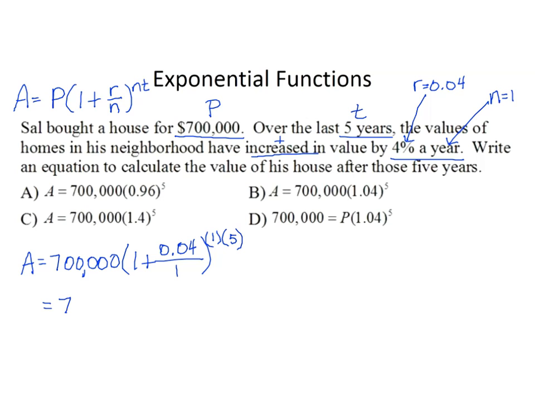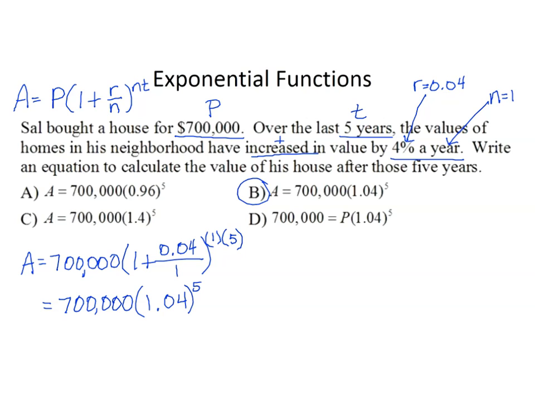So if I simplify this, 0.04 over 1 is just 0.04. And when I add that to 1, I would get 1.04. And my exponent, 1 times 5, is 5. So we pick this one.